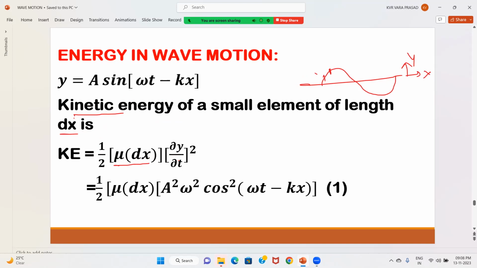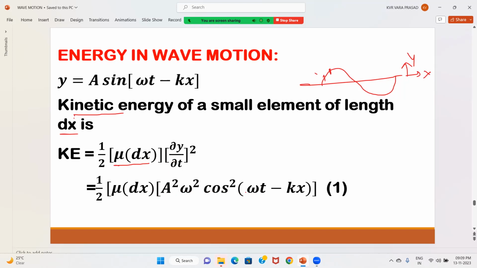So in the place of dou y by dou t, take the value there. We got the expression half mu dx a square omega square cos square(omega t minus kx). This is the kinetic energy of that small element.